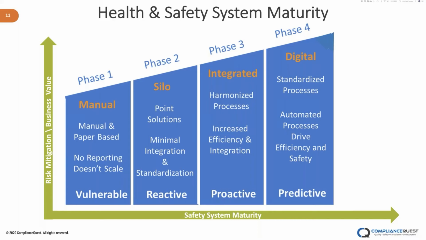Now, as we move up the curve or up the maturity model, we get to the siloed phase, right? So this is where we often find point solutions. These might be legacy technology solutions that are installed on-premise at your facility. These often serve one group or one department, but they aren't available necessarily globally or across an organization.